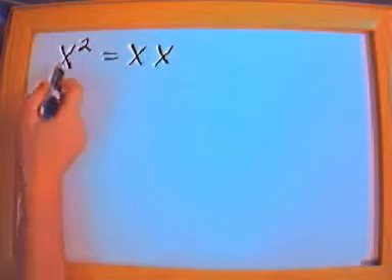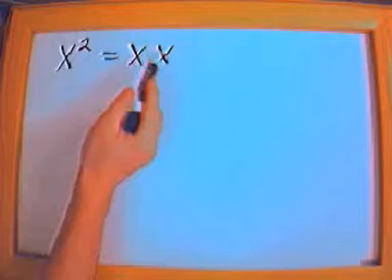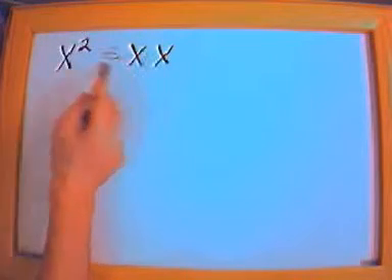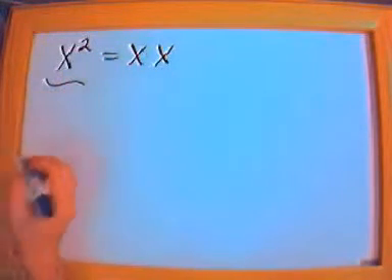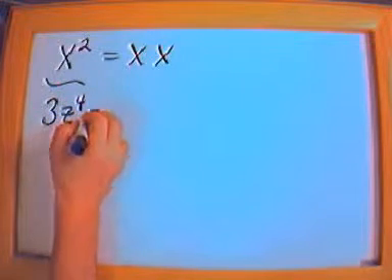And in this case, the factors of this term, this is called a term, are simply x and x. And the product of these factors give me x squared. So that's pretty simple. You'll get the idea here in a second. 3z to the 4th.